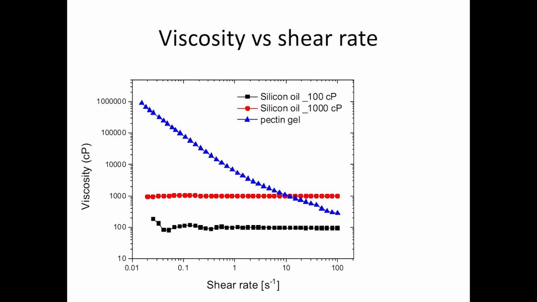Now that we have completed the test for all 3 different samples, we can see here the results of viscosity as a function of shear rate for the 3 different samples that I showed you earlier. The silicon oil samples shown in black as well as red show a constant value of viscosity as a function of shear rate, whereas the pectin gel shows a strongly shear thinning nature, which is expected.